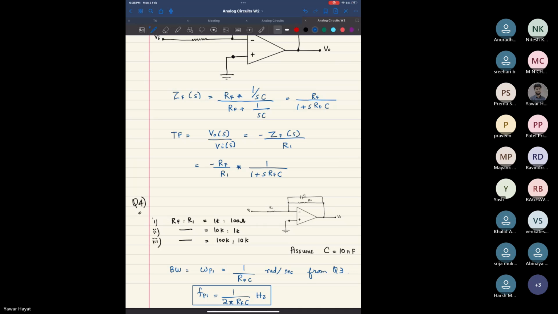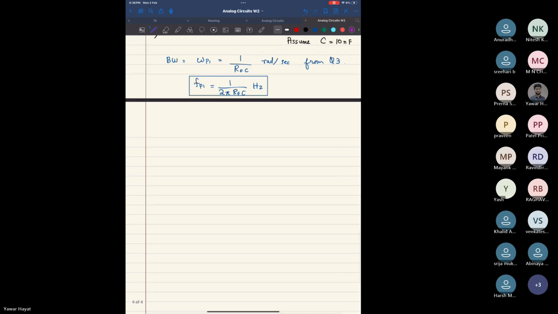For RF 1 kilo ohm, for RF 10 kilo ohm, and RF 100 kilo ohm, I should simultaneously mention it as well. For RF 1 kilo, RF 10 kilo ohm, 100 kilo.